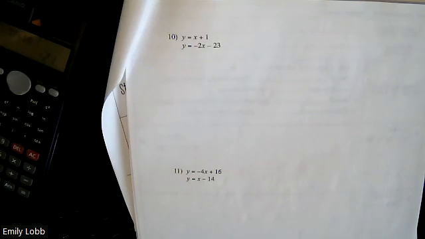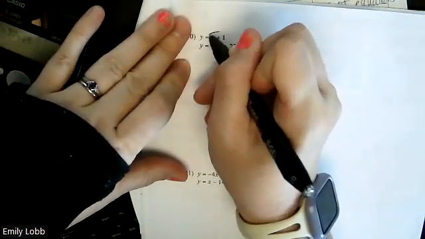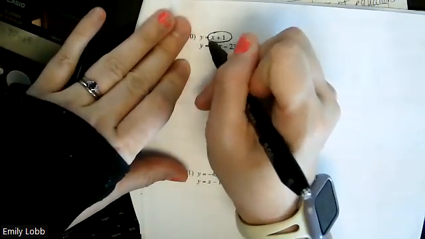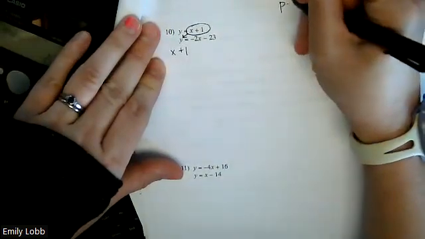So when you're doing substitution method and they're both solved for y, don't get confused. Remember, you're just putting what one y equals in for the other y. So it's going to be x plus 1. This is page 5.